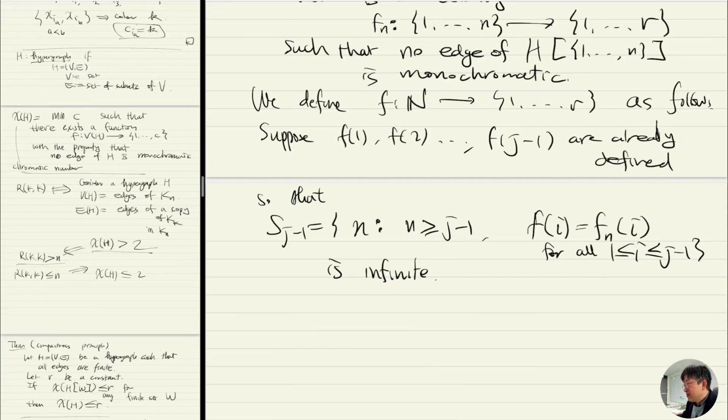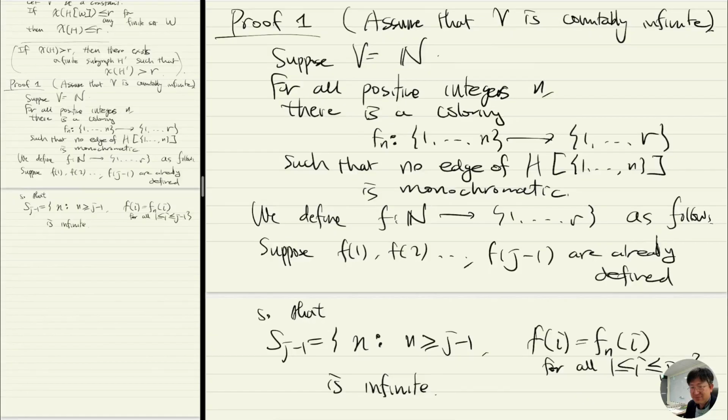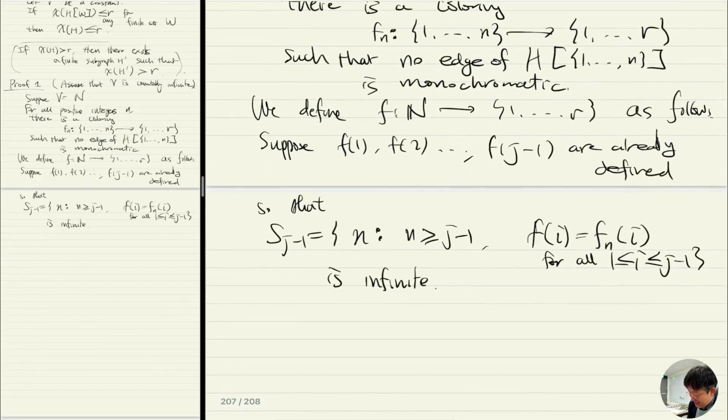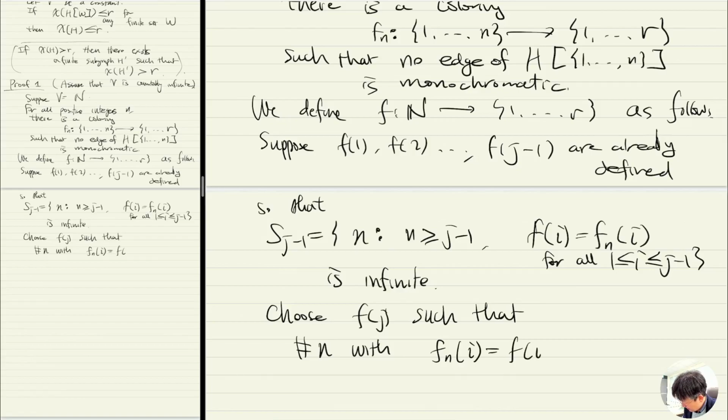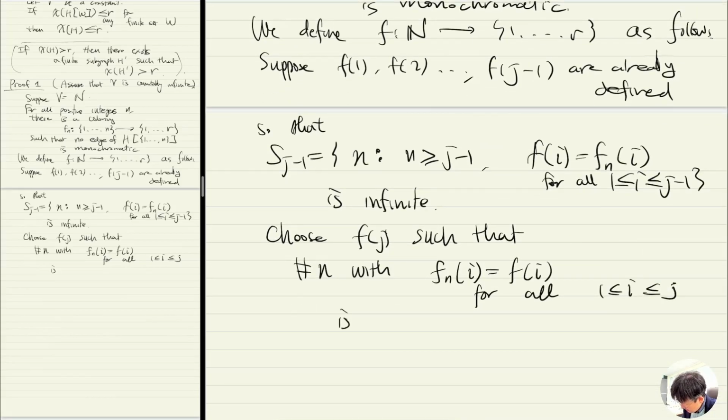The idea is that we want to choose f_j such that the number of n with f_n(i) equal to f(i) for all i from 1 up to j is infinite.